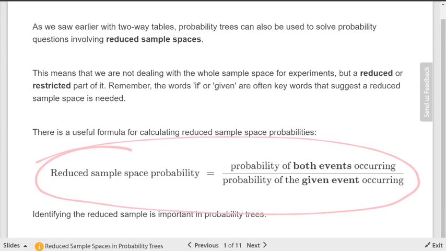And we're going to do that by simply saying the reduced sample space probability is the probability of both events occurring divided by the probability of the given event occurring. Go ahead and write out at least both events occurring divided by given event occurring. Write out the formula there for me so that you can come back to it. And we're going to explain what that means and look at several examples.